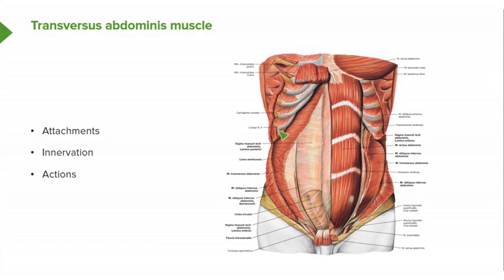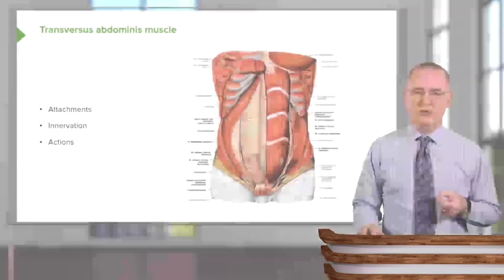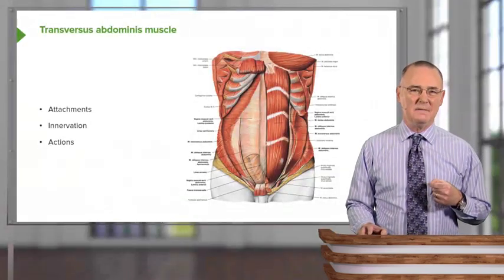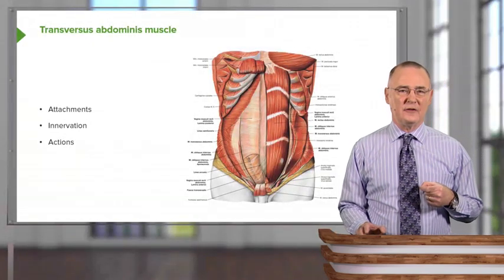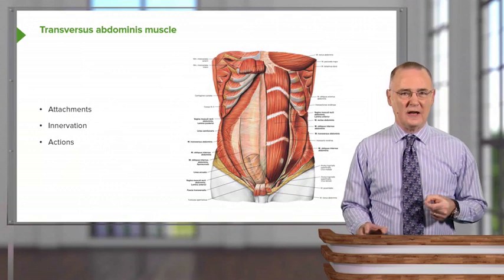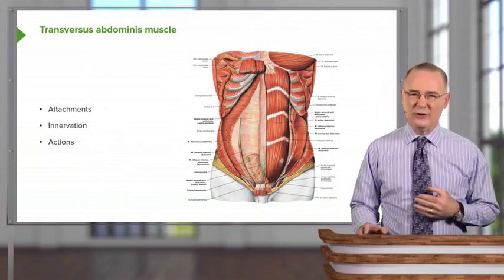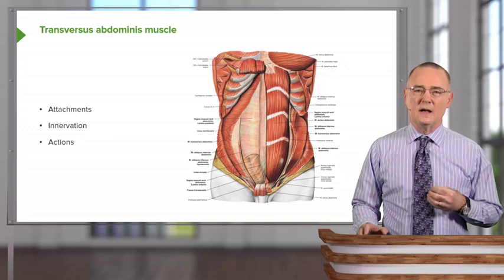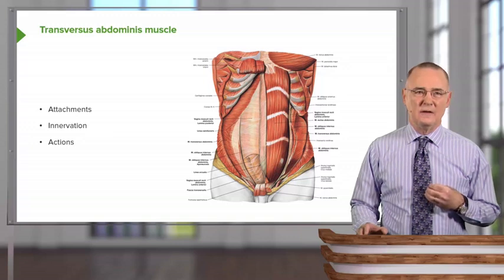Its insertion will be into its aponeurosis, which extends into the linea alba, and will also attach to pubic bone structures such as the pectineal line. Innervation of the transversus will be the inferior 6 spinal nerves again, T7 through T12, and their anterior rami, and it also will receive a contribution from L1.